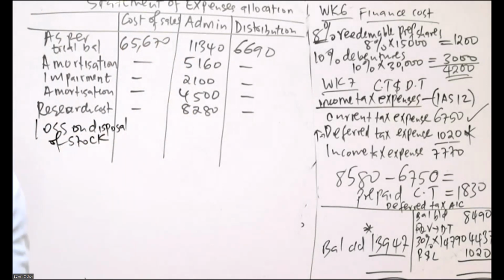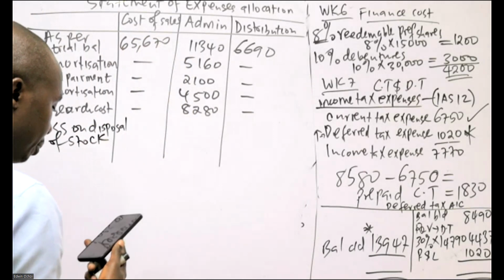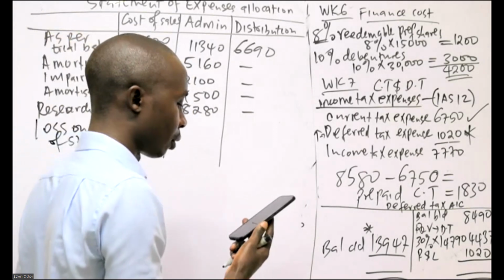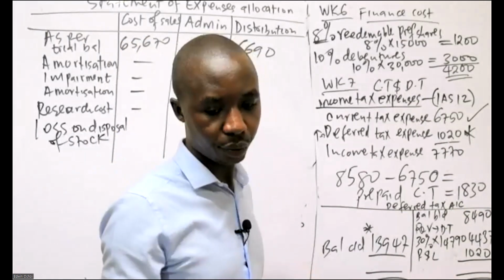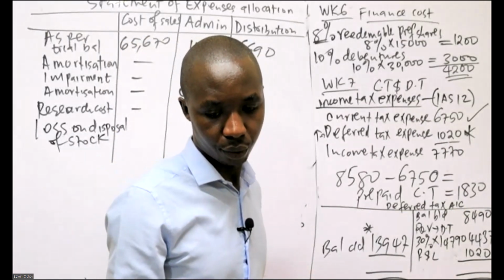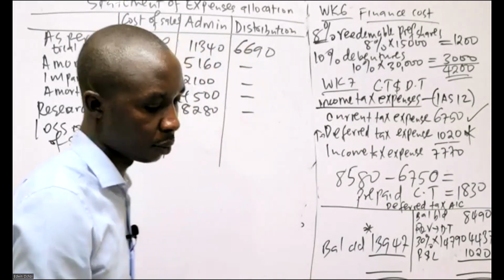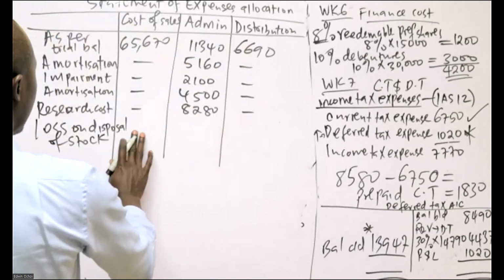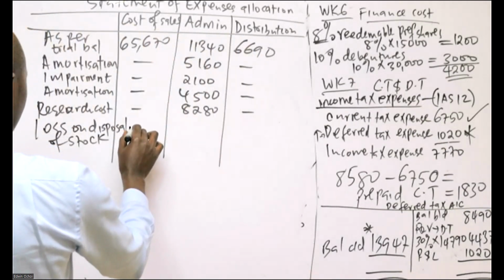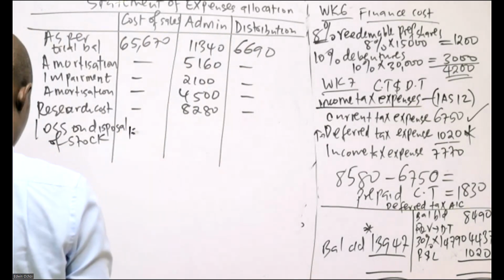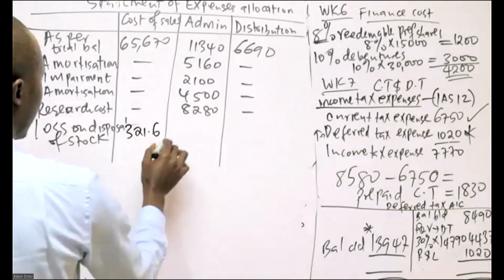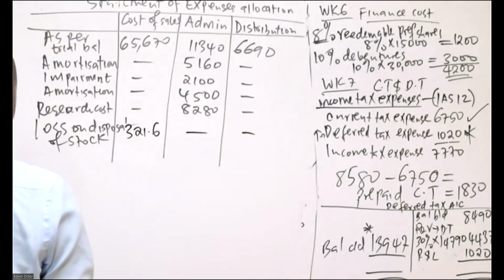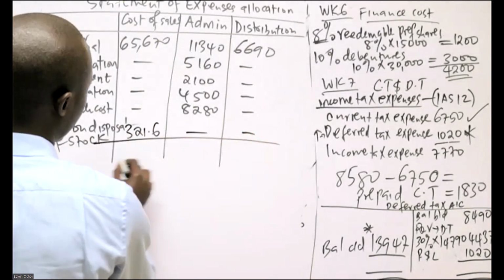The difference, 450 minus 128.4, is 321.6. That's all. Give me the totals.